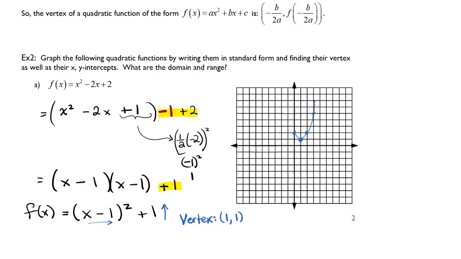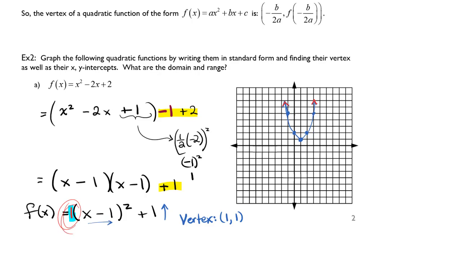Since the leading coefficient is 1 and it is positive, I know that my function is opening upwards. Whenever you have a positive leading coefficient, you know that you will have a minimum value for your parabola.